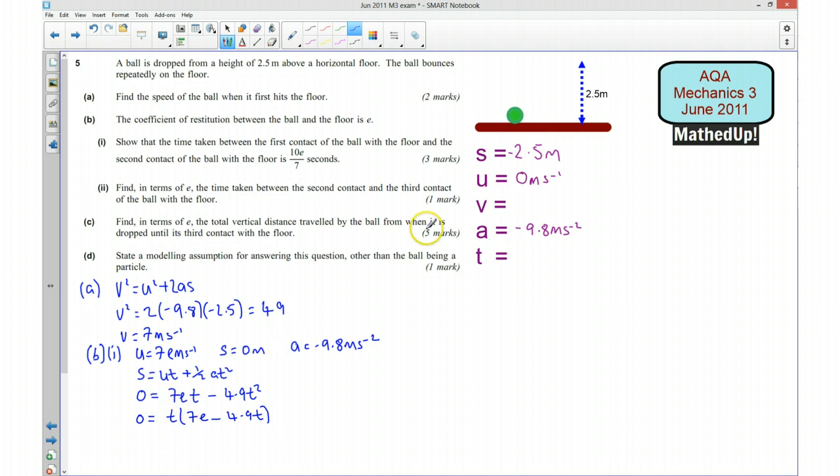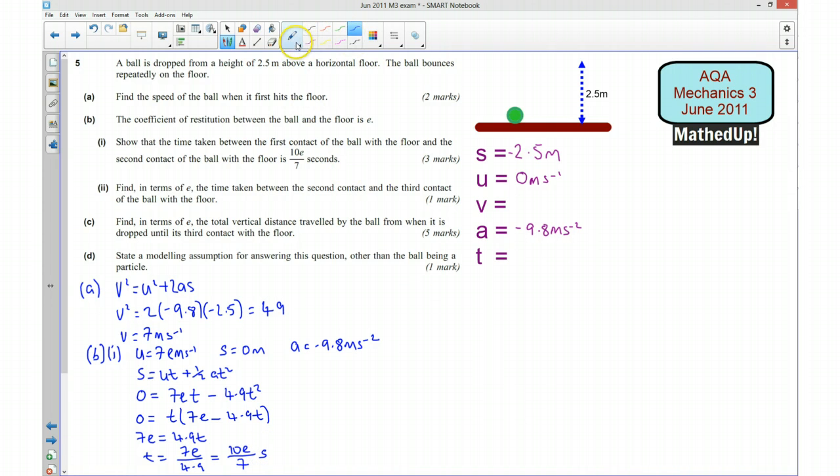So either t is 0, which is obvious because at the initial point the displacement will be 0, or 7e take away 4.9t is equal to 0, in which case 7e would be equal to 4.9t, which means t would be equal to 7e over 4.9, and 4.9 over 0.7 is going to be 7, so we've got 10e over 7 as required.